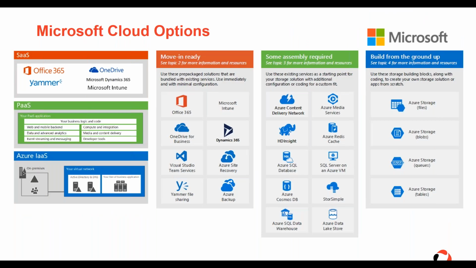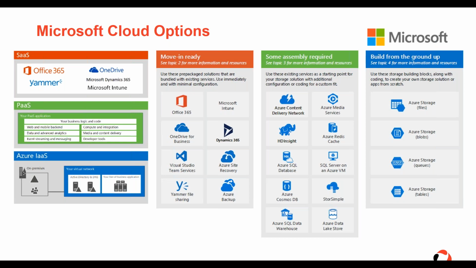So I think it's important to understand the different types of services that both Azure and Microsoft offer more generally. So you see the color coding there around the software as a service. So things like Office 365 or OneDrive or Dynamics, you can just buy as a service, and that's a product that you buy.